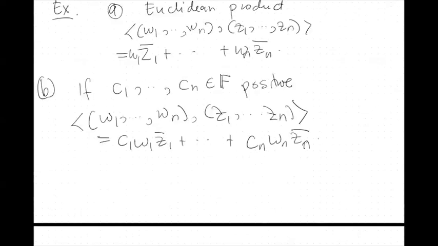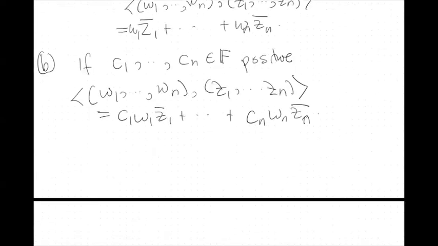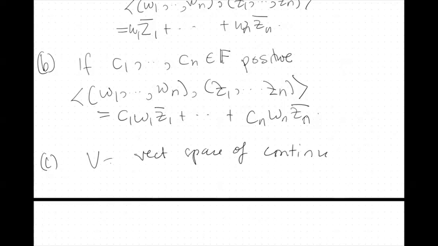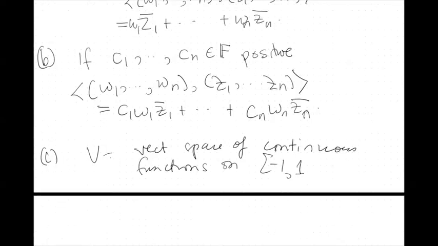And also, we have a slightly different example from real analysis. You have V, the vector space of continuous functions on -1 to 1.